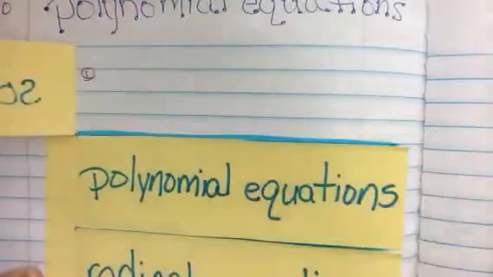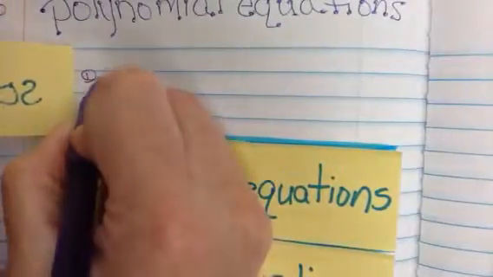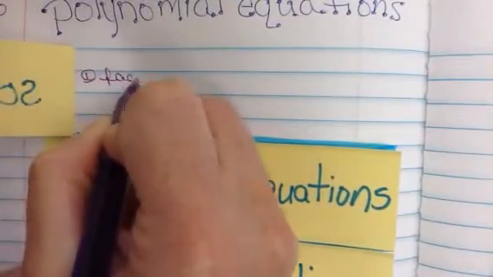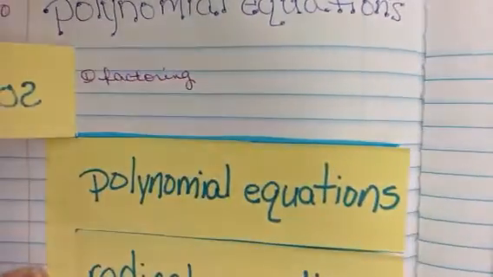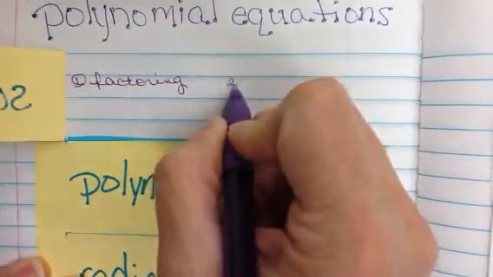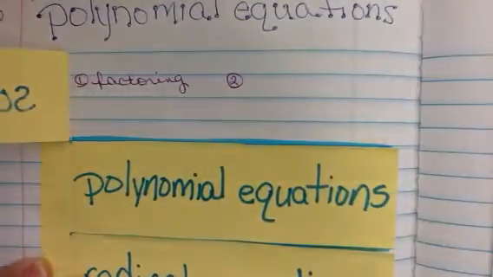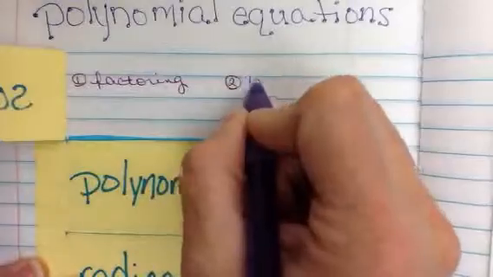You learned to factor. So you solved quadratics by factoring. That is the easiest way if it will factor. You learned to solve them by taking square roots.